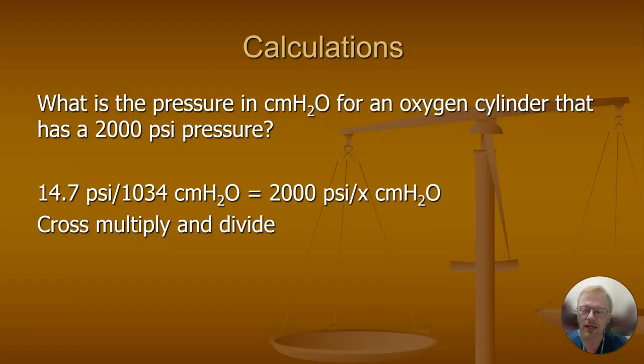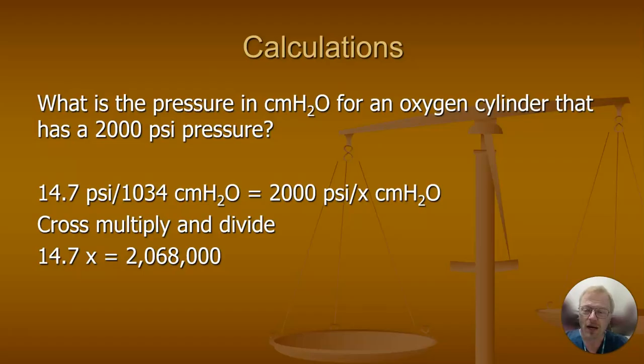I'm going to take the top left, 14.7, times the bottom right, which is x, and I get 14.7x. I'm going to take the top right and multiply it by the bottom left. So 2,000 times 1,034 gives me 2,068,000.